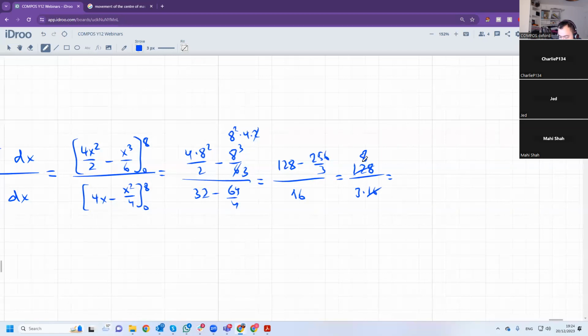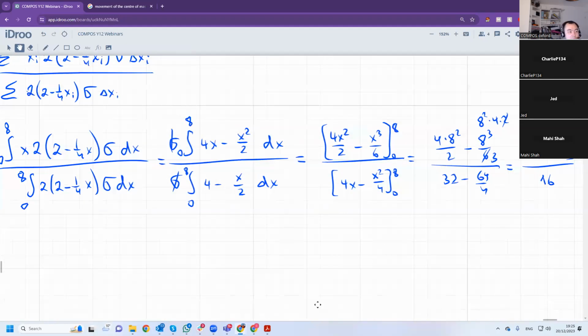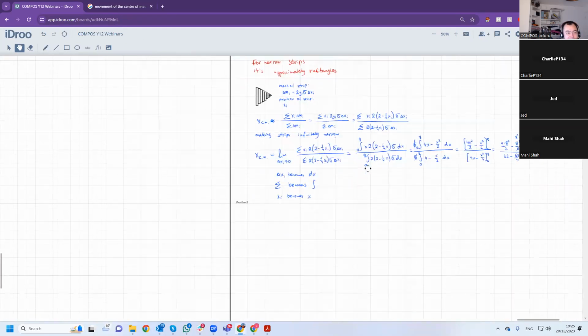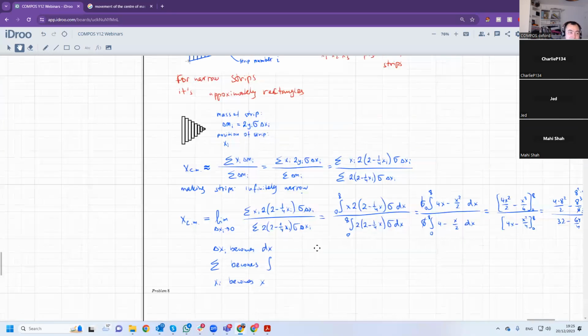So it's 8 over 3. Isn't that beautiful? 8 thirds meters. Whoa, so that's quite cool. We found it.